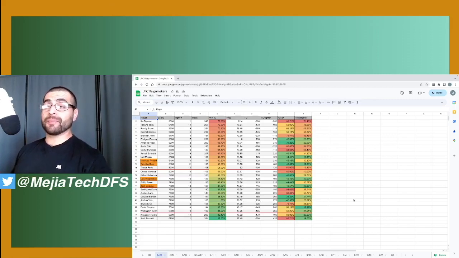Variable 1A is how many fights are on the fight slate. This is important because it's essentially a numbers game. The more fights there are, the more fighters there are to score north of 100 points, and this will give us a high scoring winning lineup. You want to strategize around this.